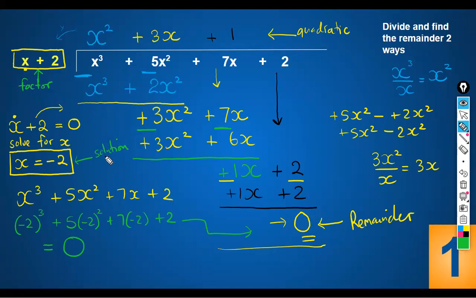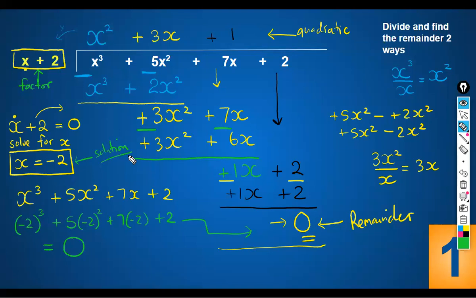A factor and a solution make everything boil down to 0. But when you have the x next to the 2, you just call it a factor. When you solve for x and get minus 2, the minus 2 itself is called the solution. I don't want you all to mix up the words, right? The factor and the solution are slightly different.